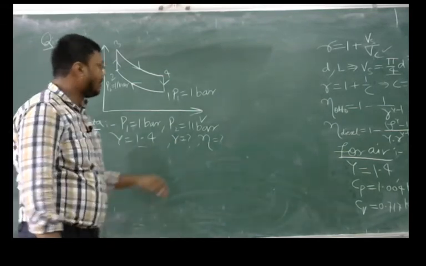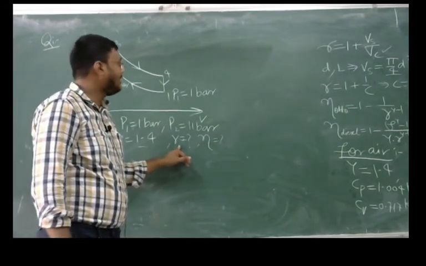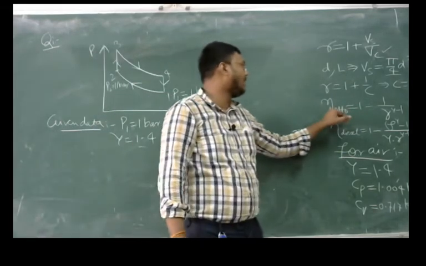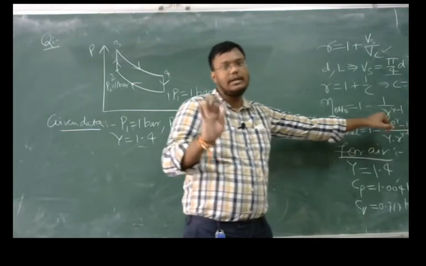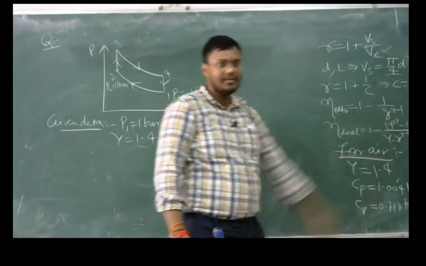If we calculate the compression ratio R, then we can easily find the efficiency eta, which is equal to 1 minus 1 by R to the power gamma minus 1. So first we need to calculate the compression ratio R.